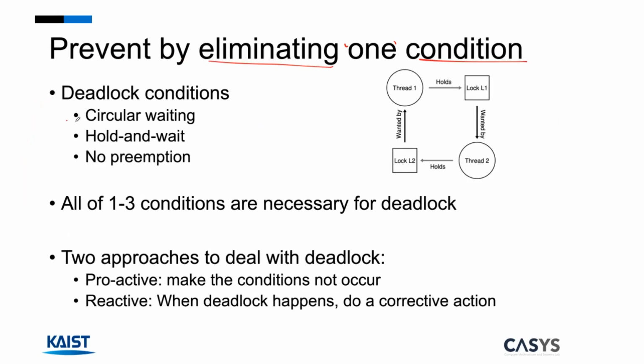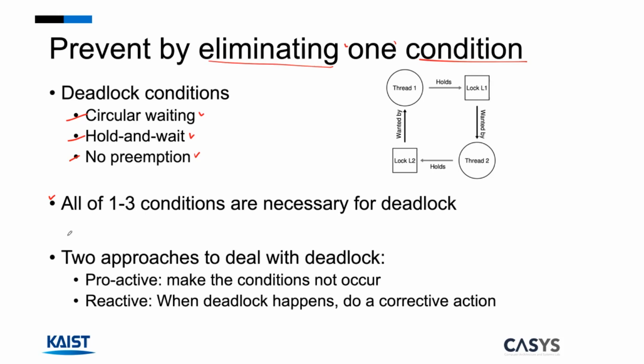If you can eliminate circular waiting, then no deadlock happens. If you can eliminate the hold and wait condition, then deadlock doesn't happen. Likewise, no preemption: if you allow preemption, then no deadlock happens. That's the key for avoiding deadlock. We will discuss later how to avoid deadlock by eliminating each condition one by one.